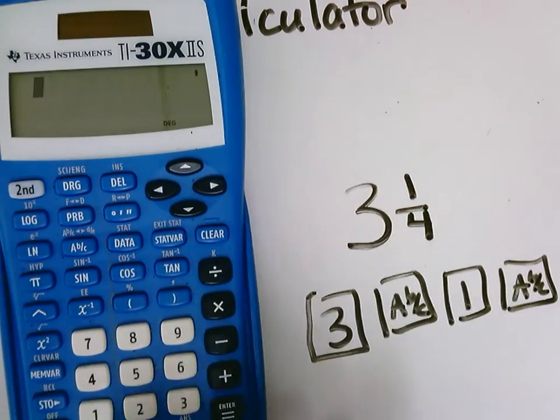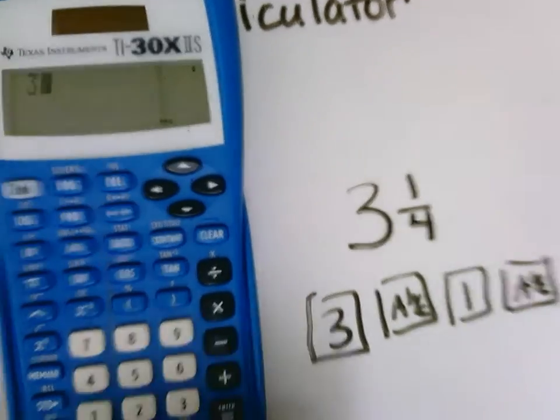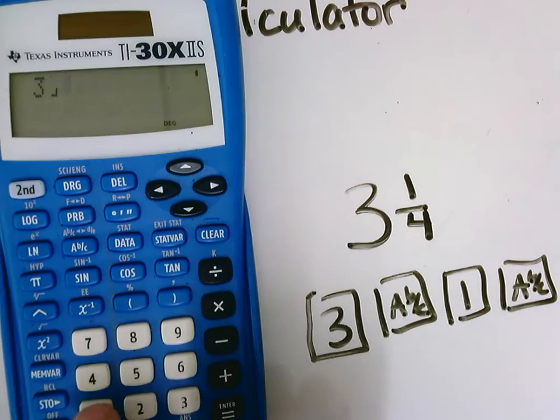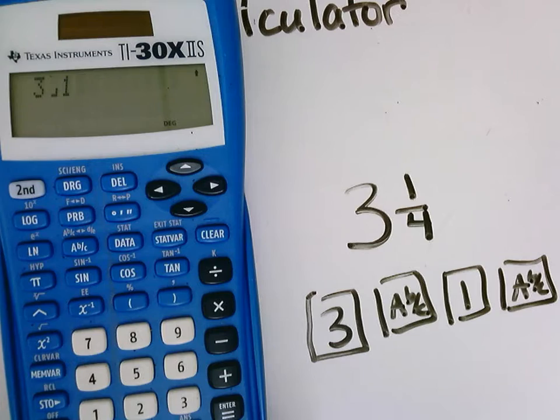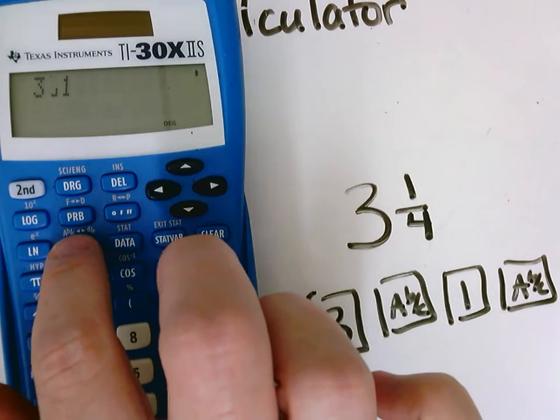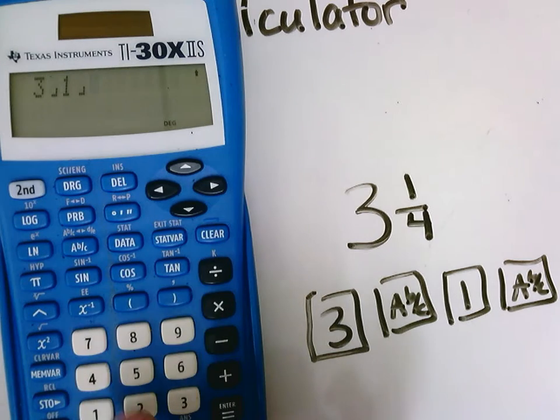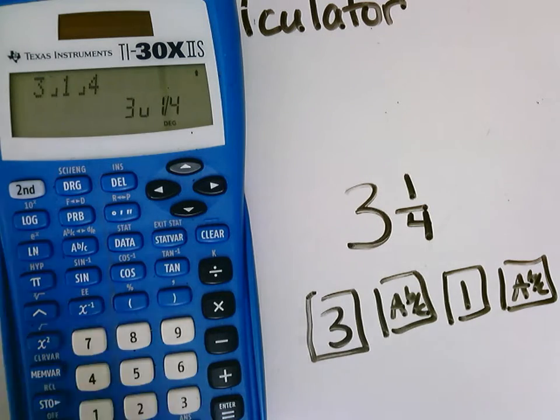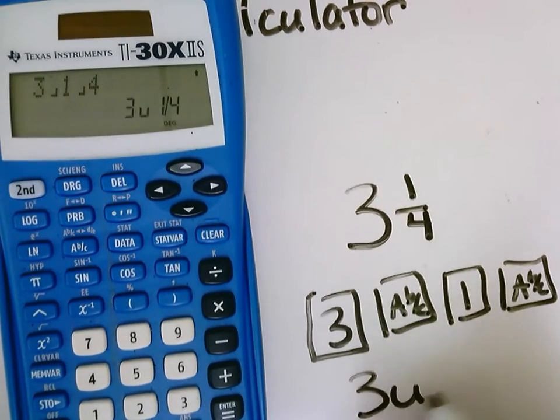I'm going to hit 3, that's my whole number. I hit that fraction button, ABC, then my 1. Then, because I'm going to be putting a denominator in, I hit that ABC button again, and then my 4. That's 3 1/4. When I hit equals, it shows up with 3 units and 1/4 on my calculator.